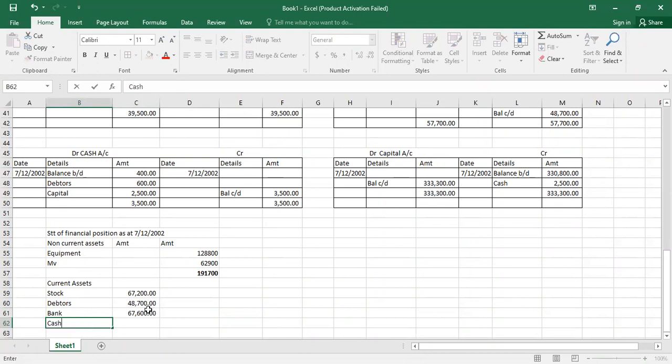You can see we followed the order of liquidity. Cash is more liquid than bank. Bank is more liquid than when the money is in the pocket of debtors. And I'd rather the money is with the debtors instead of the money being in the stock, which is in the store. So what's the value of cash? Our cash is 3.5. That's all? Yes.